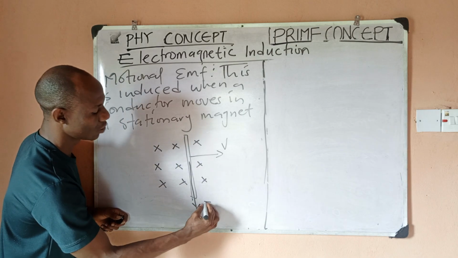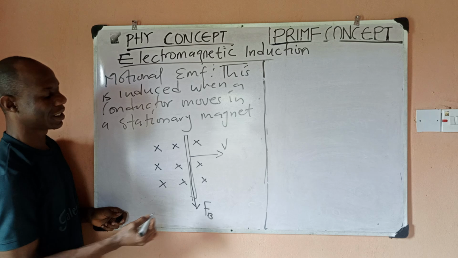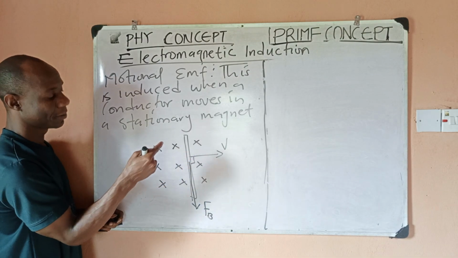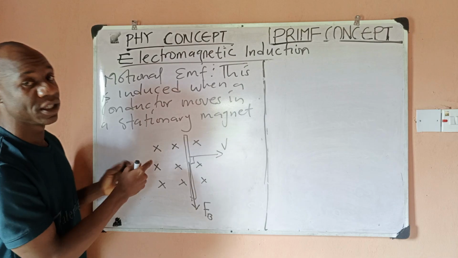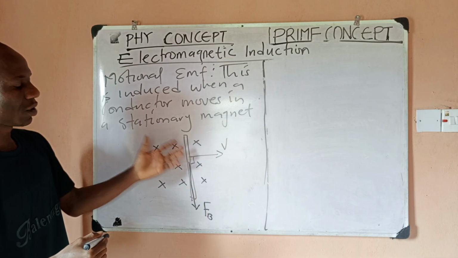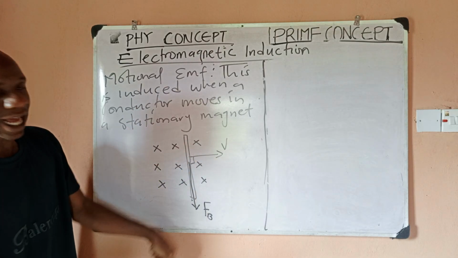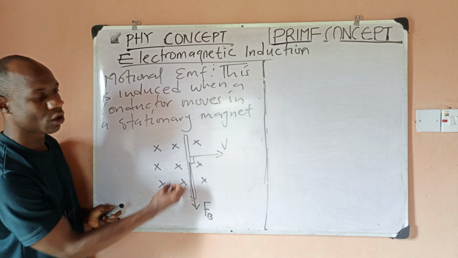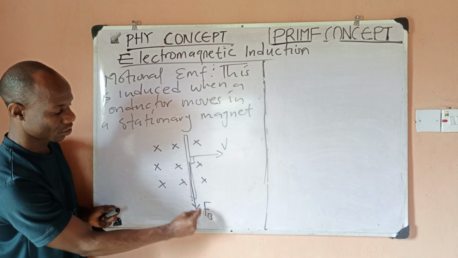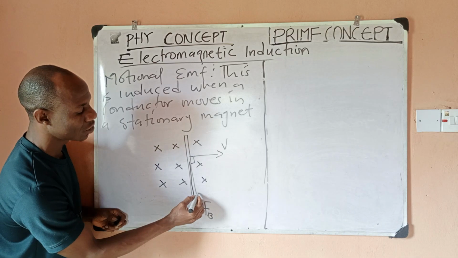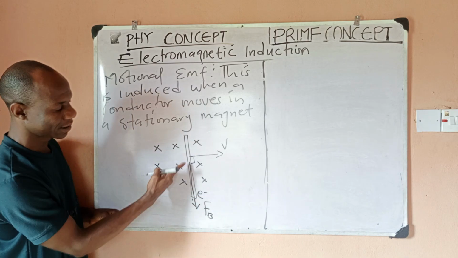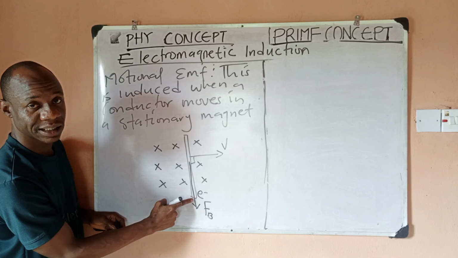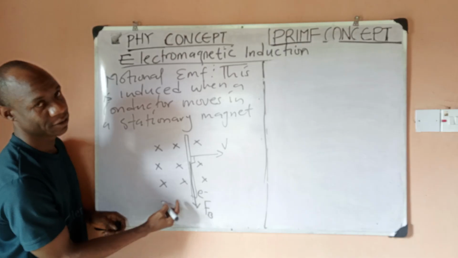So let me do it this way. This is FB, the magnetic force, which is perpendicular to the velocity and the magnetic field. If you use your Fleming's left hand rule, you can tell that the magnetic force is acting downwards. So the magnetic force acting downwards will drag the electrons so that they concentrate at the bottom part, thereby making this end of the conductor negative.